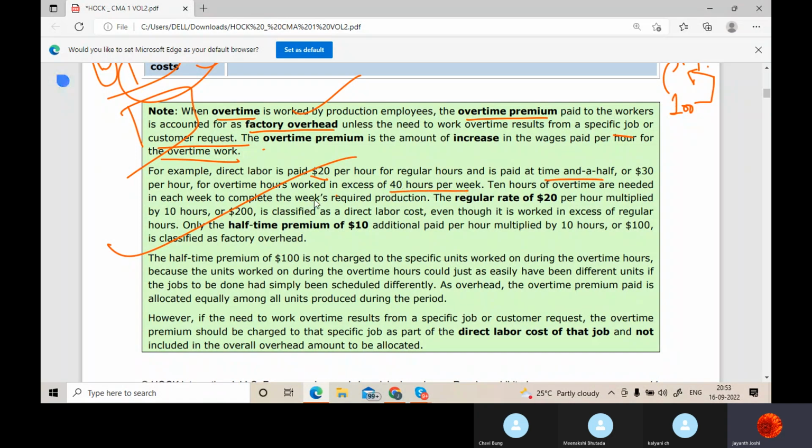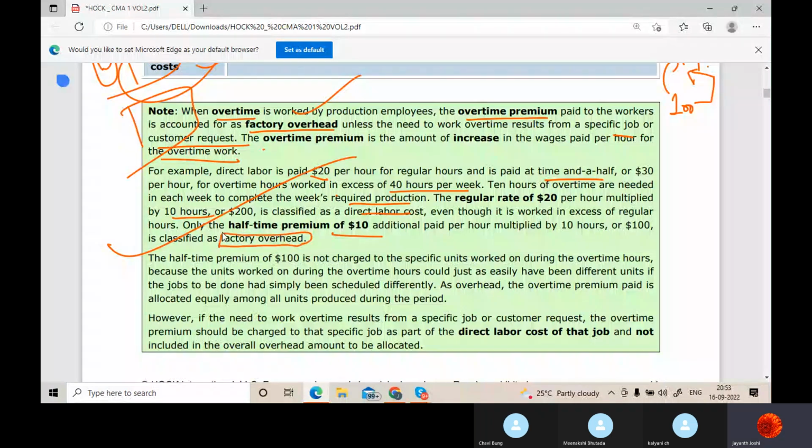10 hours of overtime are needed in each week to complete the week's required production. The regular rate of $20 per hour multiplied by 10 hours, or $200, is classified as direct labor cost, and the half-time premium, the additional amount you're paying, is classified as factory overhead. You should be very clearly understanding this.